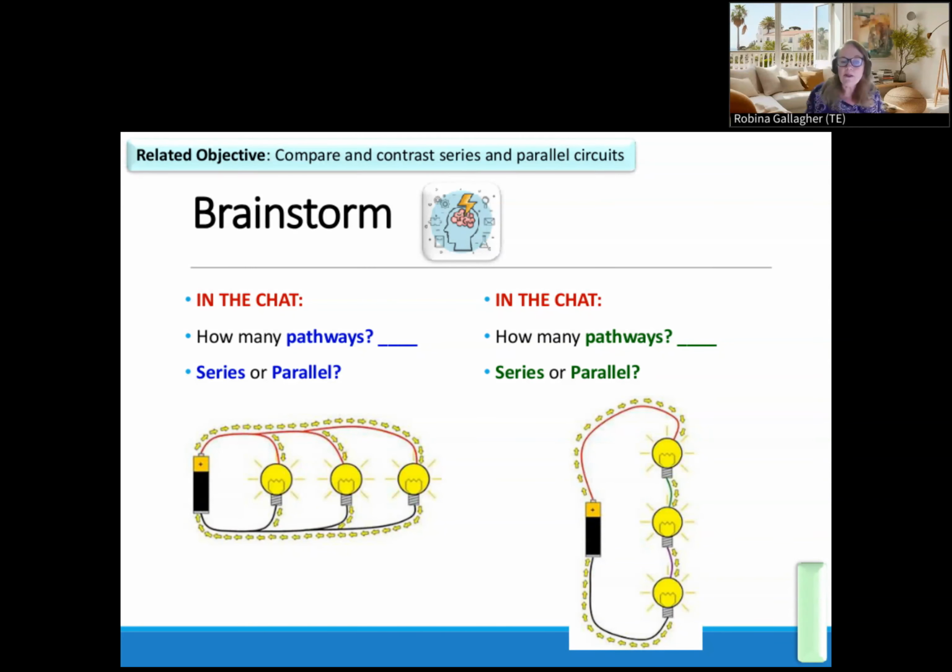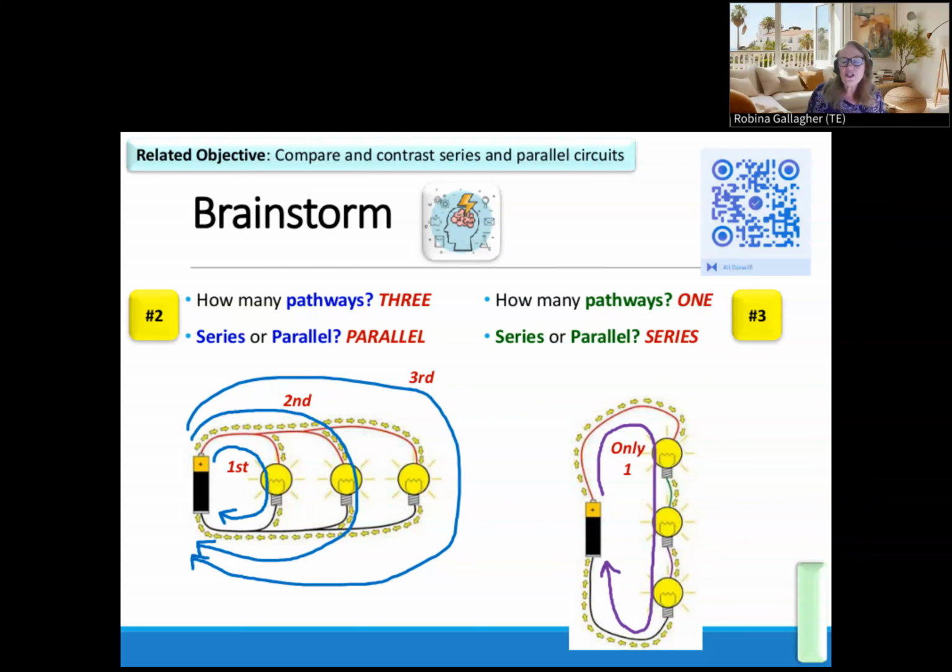Because it's multiple pathways. On the right side, how many pathways are there in that example? Yeah, exactly. Only one, right? Only one. And with only one, it is a series. Exactly right. So that's questions 2 and 3.